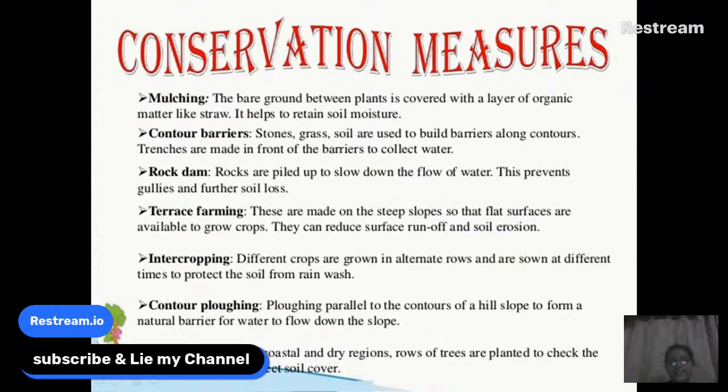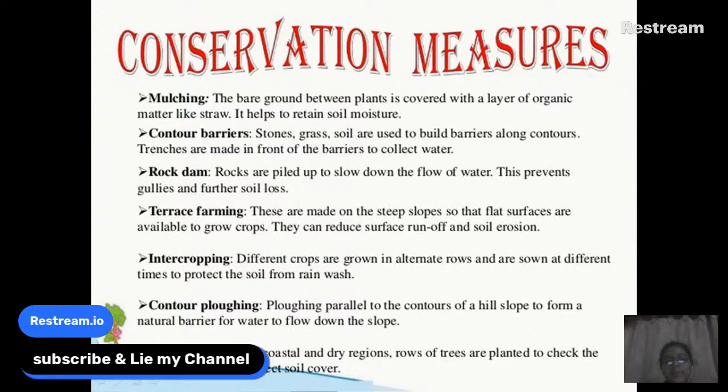Next comes terrace farming. What does terrace farming mean? Terrace farming means that broad flat steps, or terraces, are made on steep slopes, so that flat surfaces are available to grow crops, so they reduce surface runoff and soil erosion.